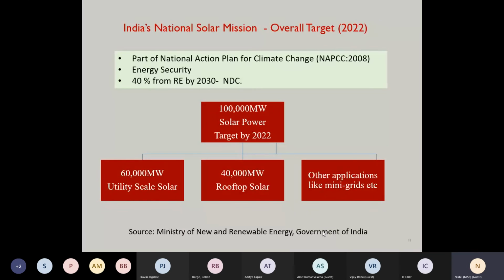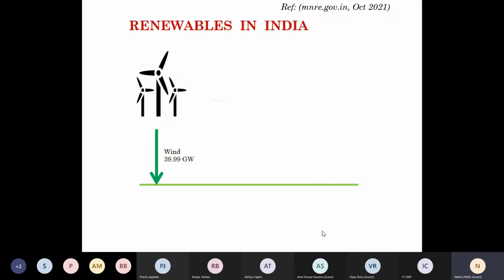That is the commitment we have given to the world. So we are on the right track, and this 1 lakh megawatt is something we will probably achieve much sooner, because I will show you how much has happened till now.